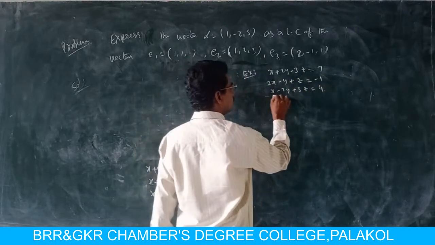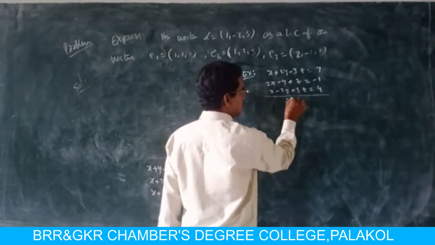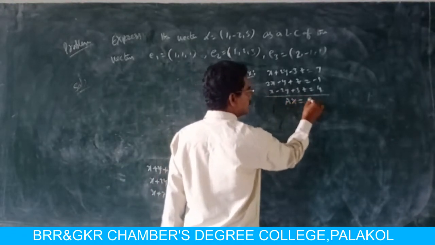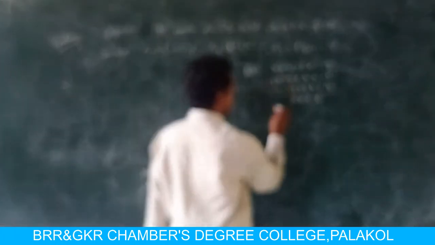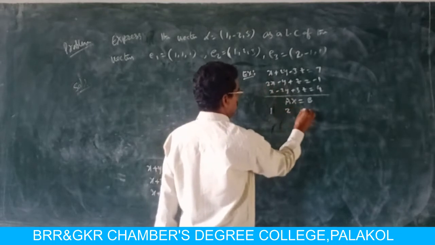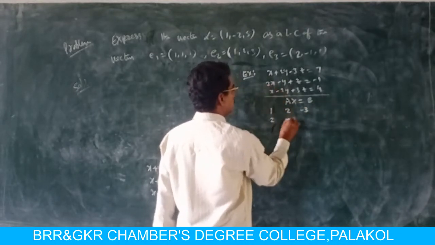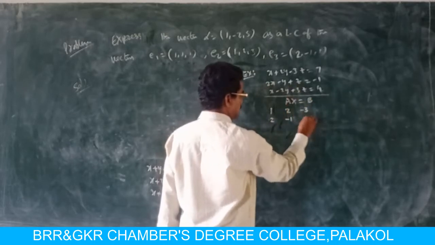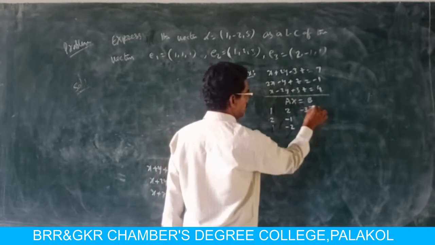These equations can be converted into the matrix form Ax equal to B. The coefficients are 1, 2, minus 3, next 2, minus 1, 1, next 1, minus 2, 3.